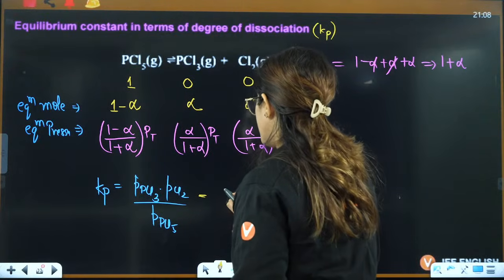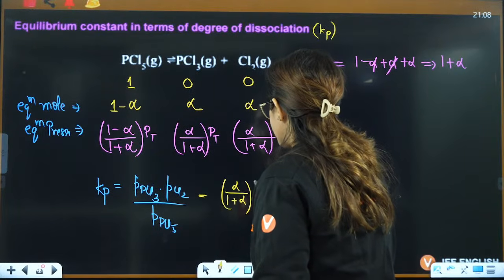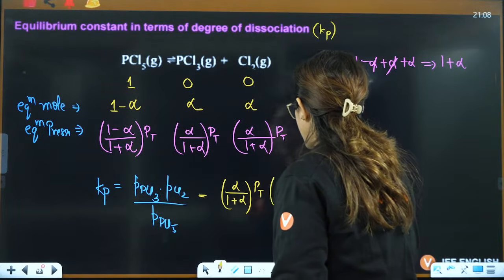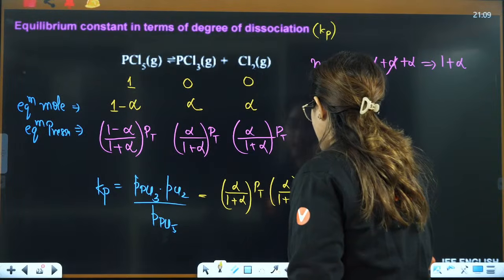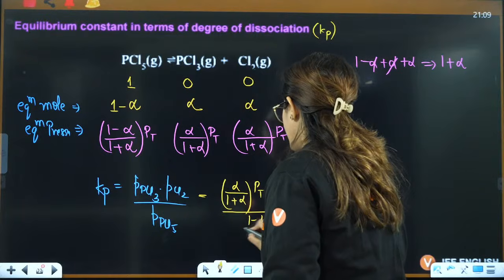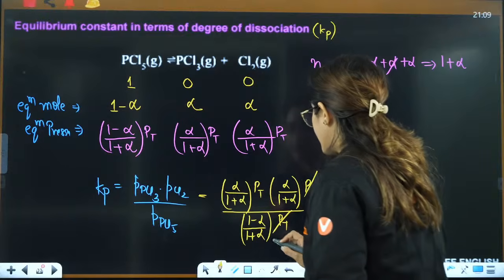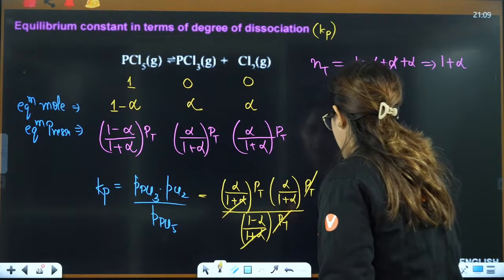Then this will become alpha by 1 plus alpha, this is Pt. This is alpha by 1 plus alpha, this is again Pt. And this is divided by 1 minus alpha over 1 plus alpha, and this is Pt. So Pt will cancel here, alpha by 1 plus alpha will cancel here.